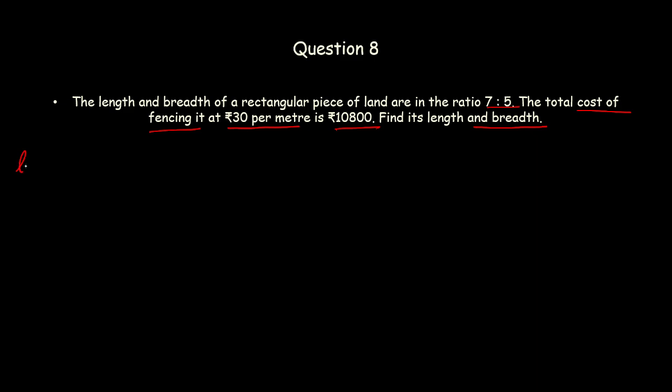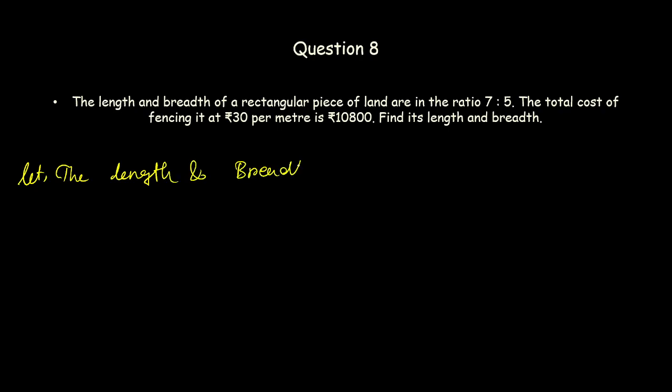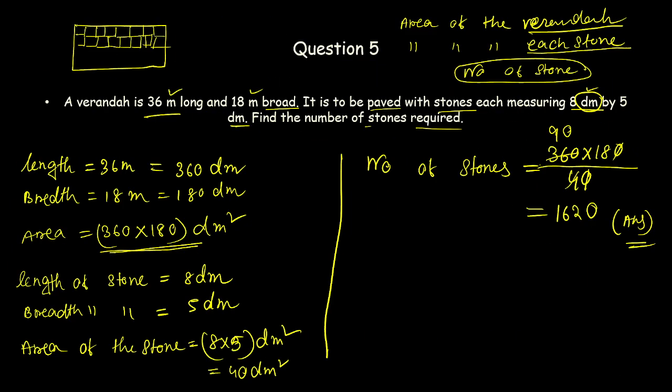So first, let me change the color. Let the length and breadth be 7x and 5x, right? Now for fencing, to find the total cost in the first question, let's move there.